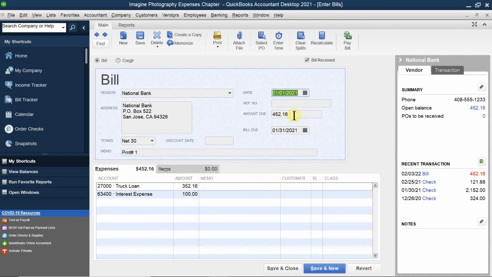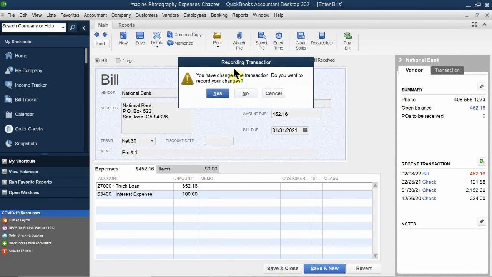Okay, and you're going to make the payment. And of course, whatever bill number that you received, go ahead and select it. And once again, it's going to pay interest expense $100 and $352 towards your actual principal. So that's how you manage your loans. All right? Any questions?